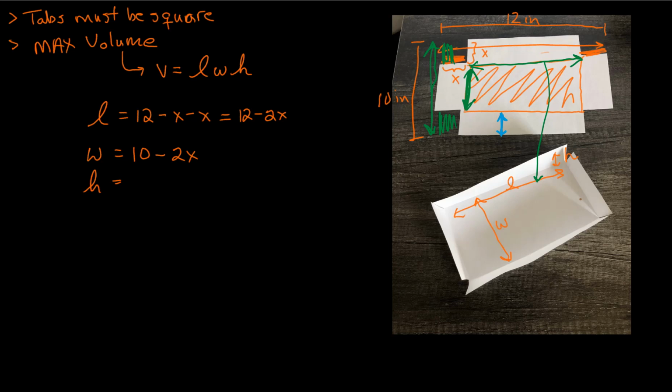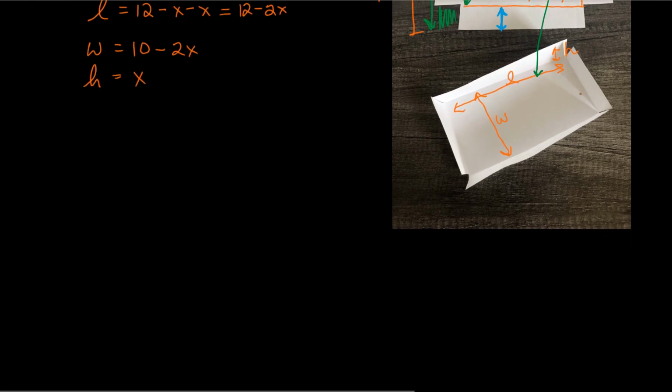The height of the box is just whatever the x value is, because that's how far in you've cut to create the tab. All right, so I can now write my volume. My volume is going to be the length, 12 minus 2x, the width, 10 minus 2x, and the height, x.